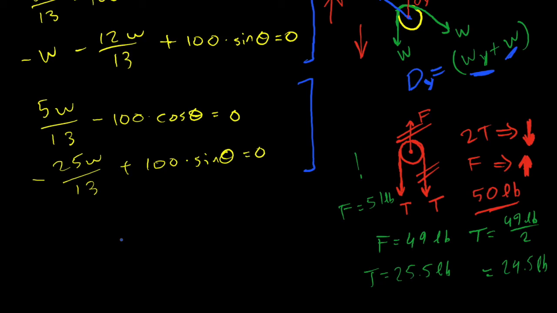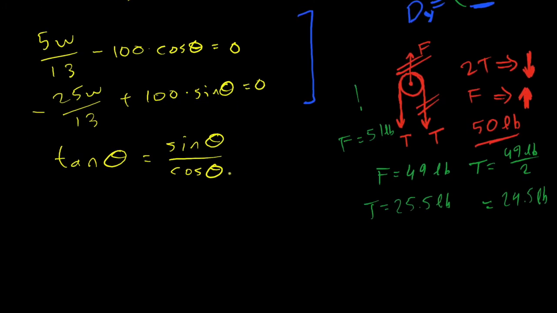So now let's solve this expression. We see a cosine and a sine. What this reminds us of is that tangent of theta is equal to sine theta over cosine theta. So let's get these equations and find expressions for sine theta and cosine theta.